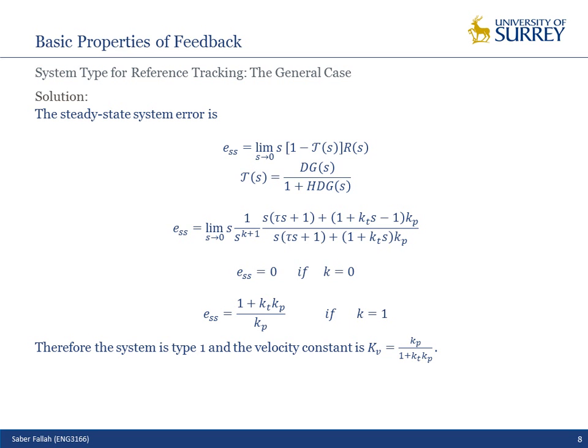This one is 0, I will have 1. 1 minus 1 will be 0, and will be Kt Kp s, and here 0, 1 plus Kt s Kp. Okay?